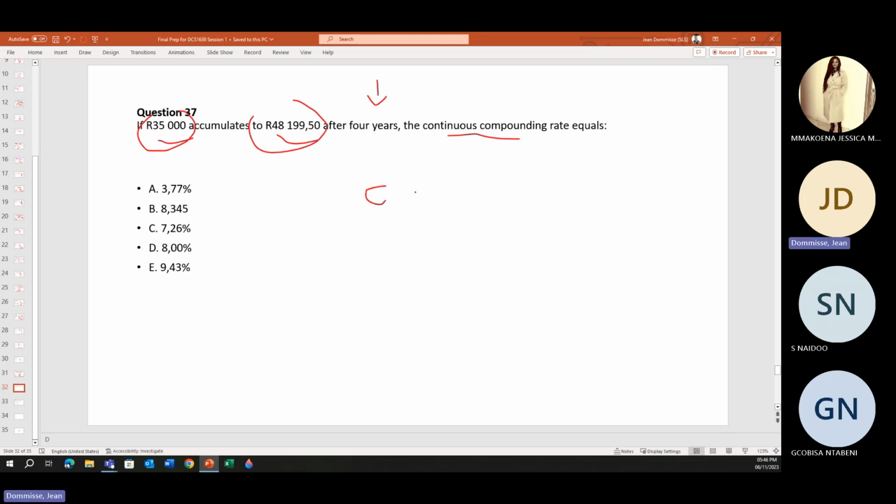So if we go back to that formula, the interest rate is equal to ln of S over P, divided by the time. This one, it's yearly. Some of the other ones were quarterly or monthly.